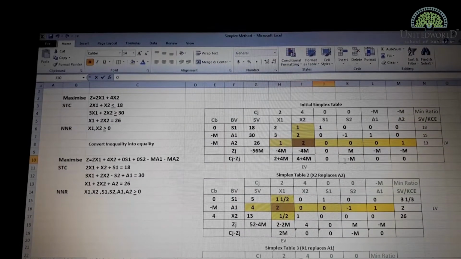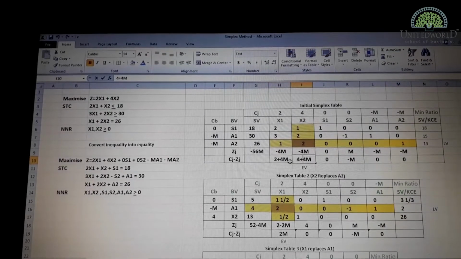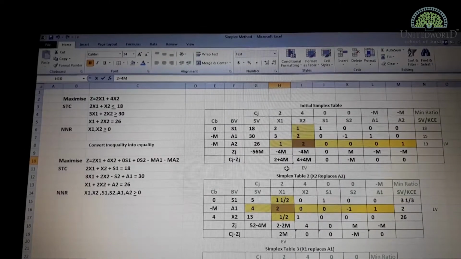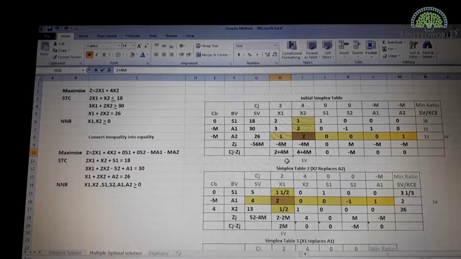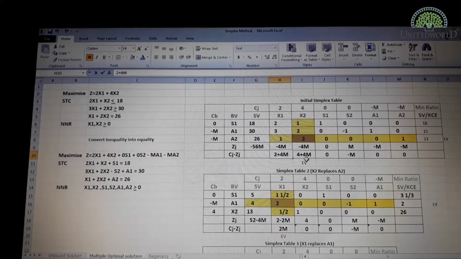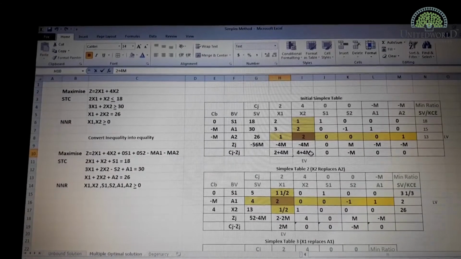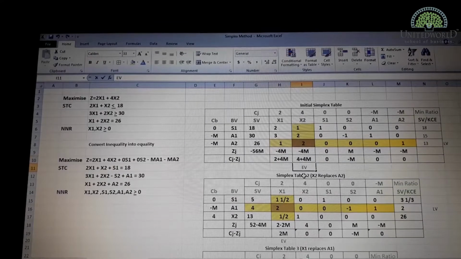So we do not have an issue with the remaining columns, but the problem exists with these two. Any one amongst them would be our entering variable. Which one would be the entering variable? The highest positive element. Over here we have 4m plus 2 and this term is 4m plus 4. This being the highest element, this variable, that is x2, becomes the entering variable.